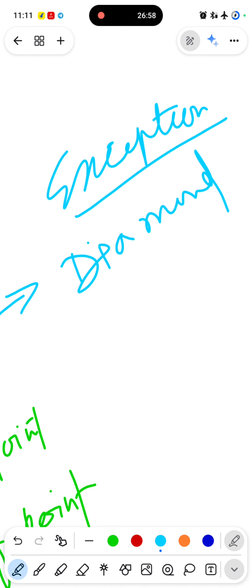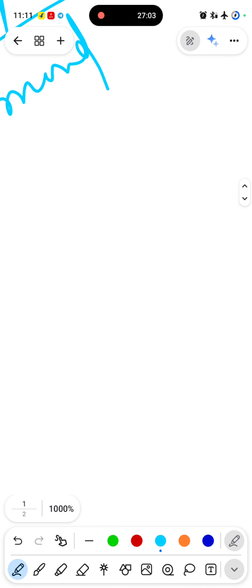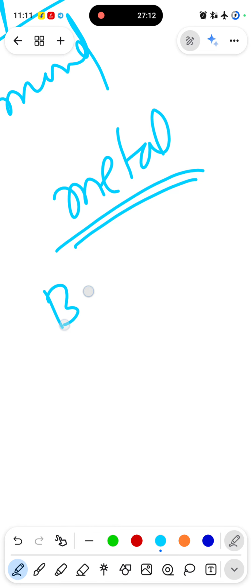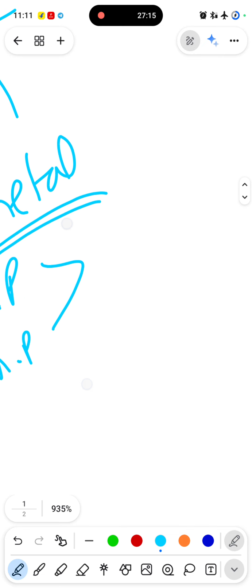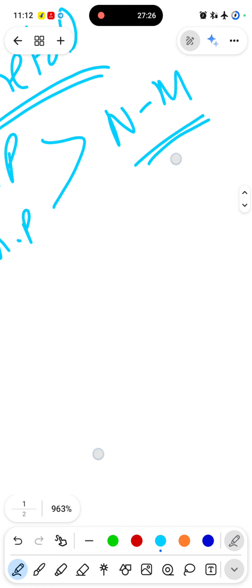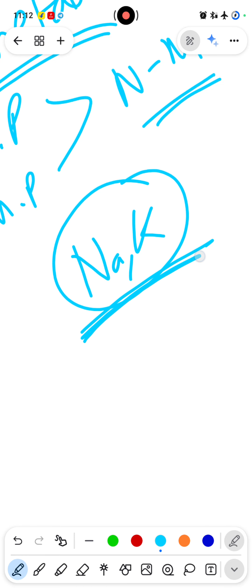Okay, now we will move to melting point and boiling point. In a metal, the boiling point and melting point are higher than in non-metals. But there are also some exceptions, and those are sodium and potassium. They have relatively lower melting and boiling points.